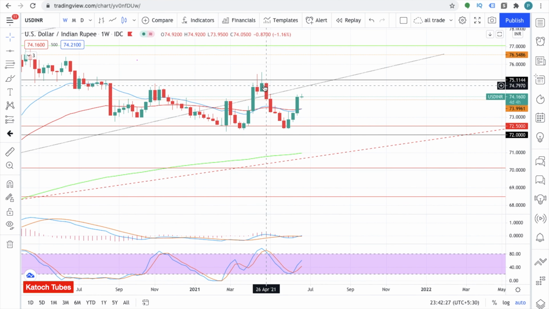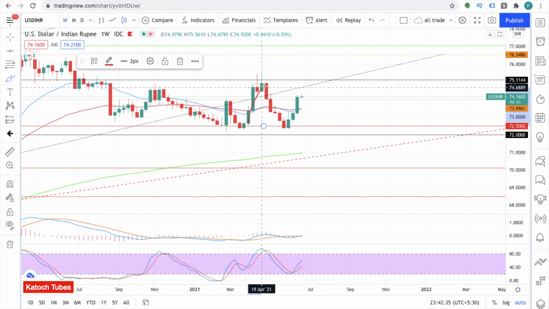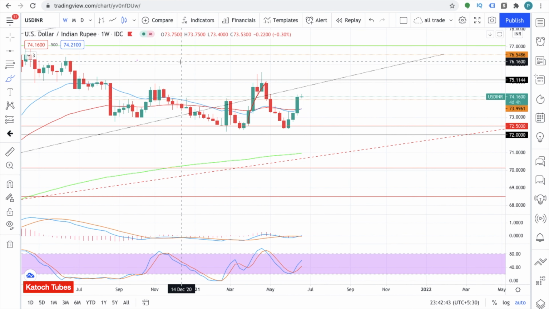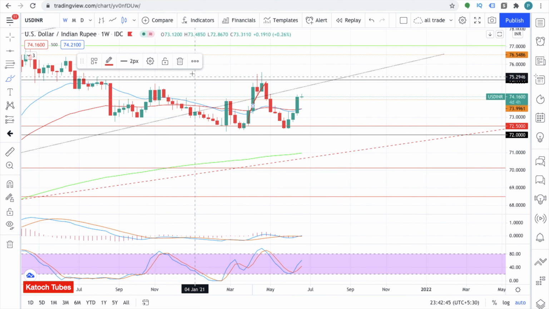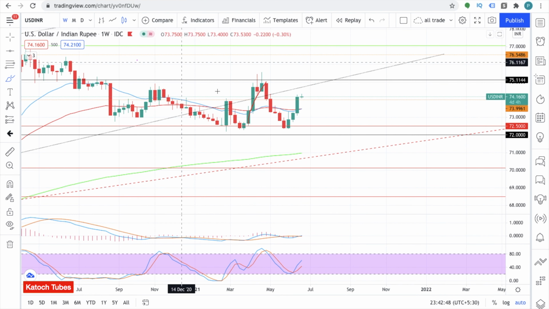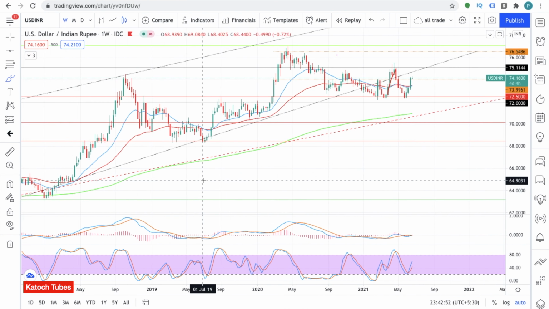If I buy here and this is my resistance area, I can clearly gain this much appreciation value if I bought USD INR at this particular period. That's how you put a trade, by analyzing or predicting the future of the chart. Of course, there are a lot of things that can be studied, but this is just for information's sake.